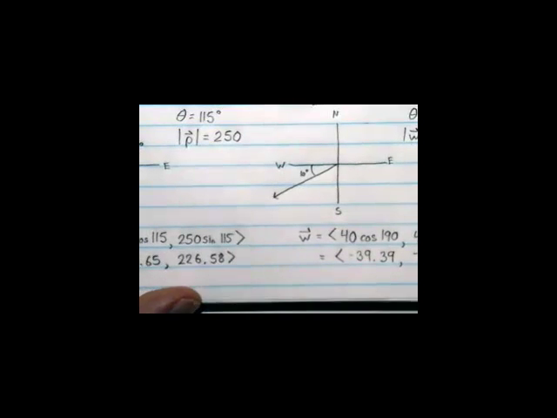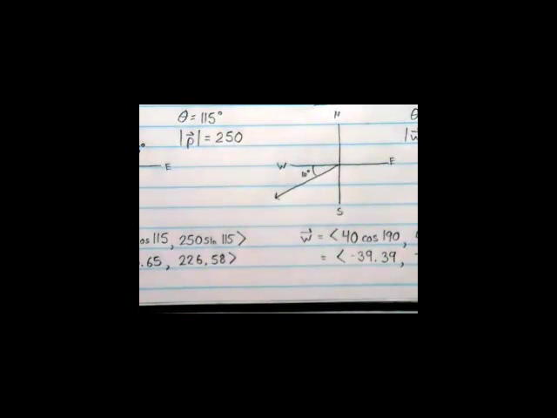All right, so here's what I got. Negative 39.39 and negative 6.95. Again, take a look at where this vector is supposed to be. Does that seem reasonable? Okay. Yep, third quadrant, right?